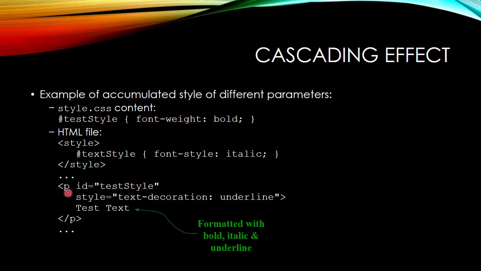And in the element that has the ID of text style, which is a paragraph element, we put the style text decoration to be underlined. So in this case, all these properties will be cascaded, and this text will be formatted as bold, italic, and underline. That is why we call it cascading, or having an additive effect.